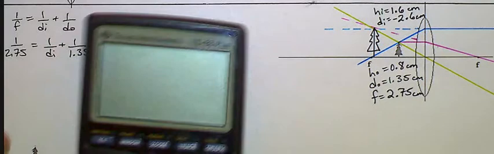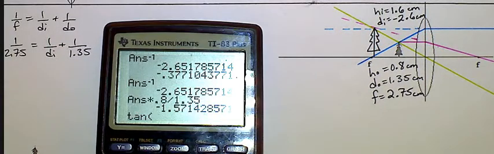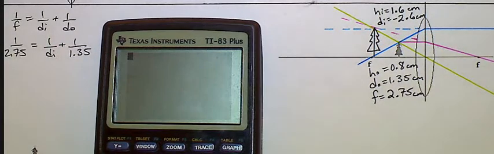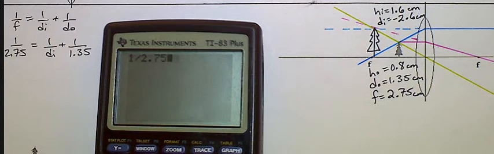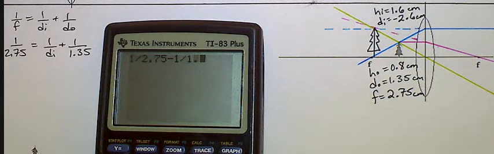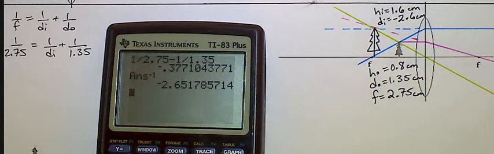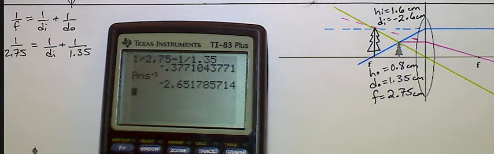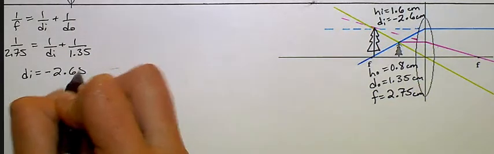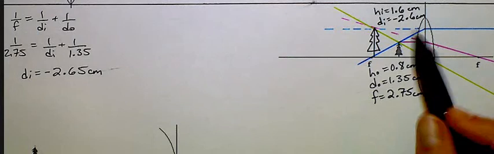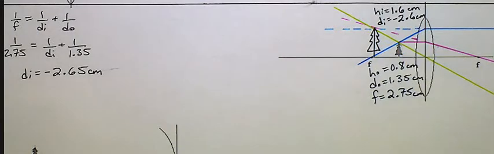And my calculator, I've got 1 over 2.75 minus 1 over 1.35. Don't forget to take the inverse of that. And negative 2.65 is my di. And that's good because I got negative 2.6 here.